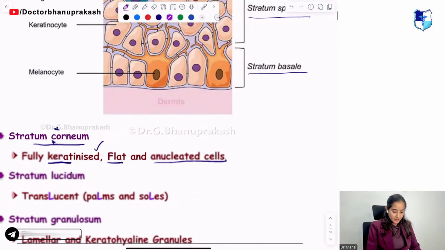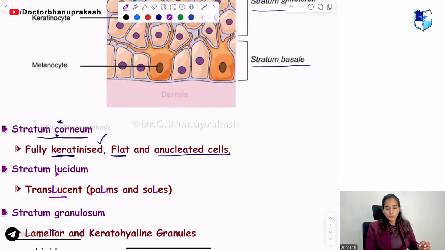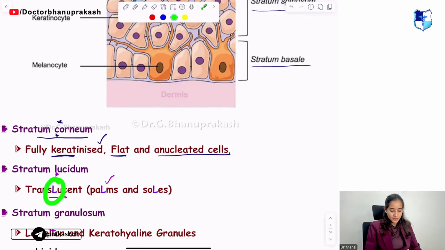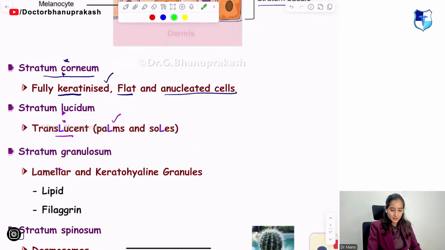Lucidum has an L in it, which can make you remember the translucent cell layer present in the palms and soles. Everywhere you can see there is L: lucidum, lucent, and palms and soles. That helps you to remember this.